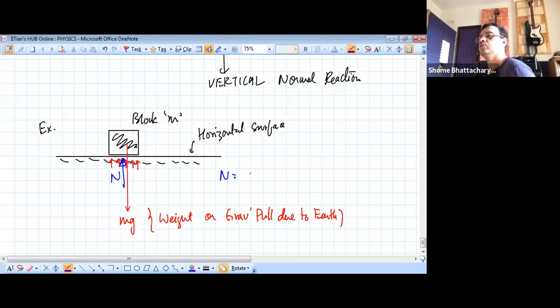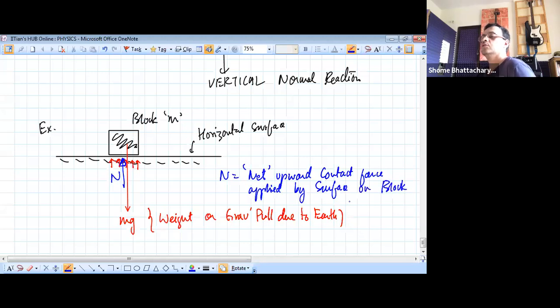So N over here becomes a net upward contact force applied by the surface on the block. That normal reaction is actually more like pressure into area.